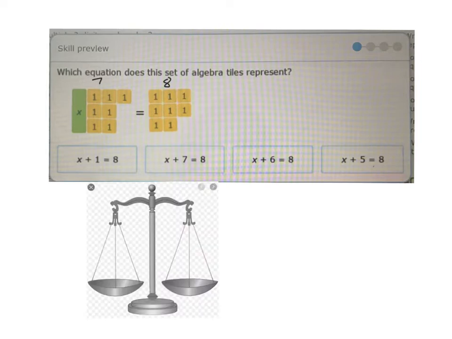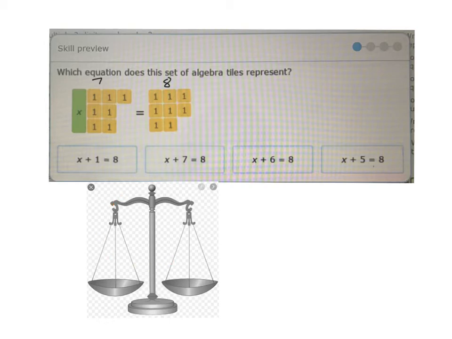Something I want you to think about whenever we're looking at algebraic equations is really notice this equal sign. So we're saying 7 plus x is equal to 8. I want you to think of it in terms of a scale.